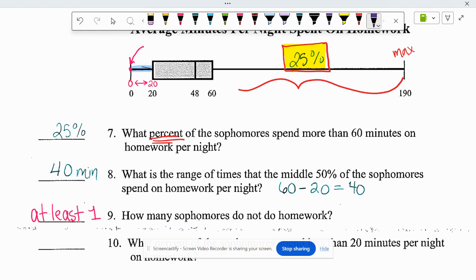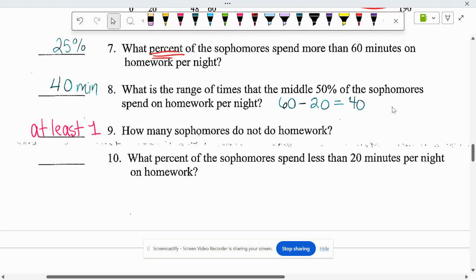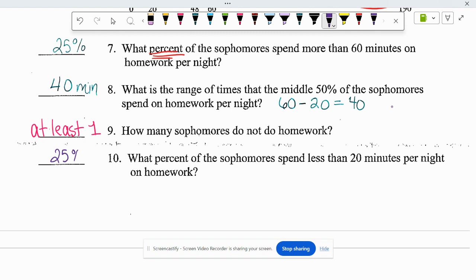That represents a whole whisker, right? What is that first whisker representing in terms of data? How much percent? 25%. Good job. So 25% of the sophomores spend less than 20 minutes on their homework. That might be true to say about 25% of our math one students too. What do you think? Maybe yes, maybe no?